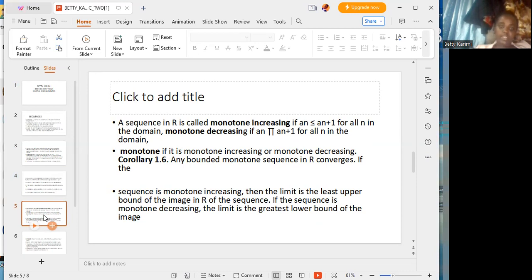Corollary 1.6: any bounded monotone sequence in the real numbers converges. If the sequence is monotone increasing, then the limit is the least upper bound of the image in R of the sequence. If the sequence is monotone decreasing, the limit is the greatest lower bound of the image.